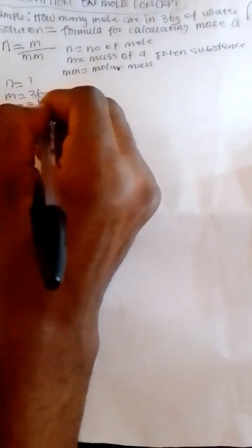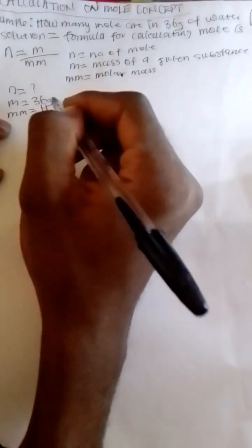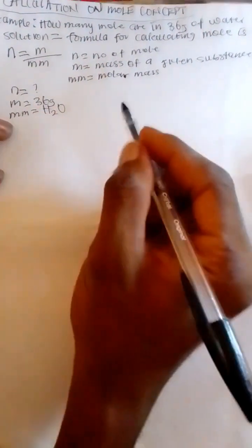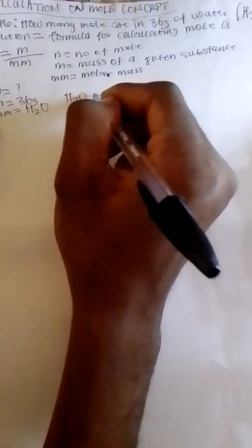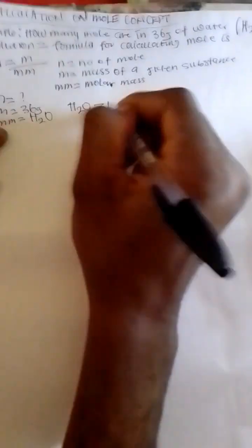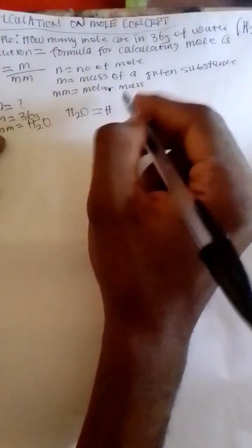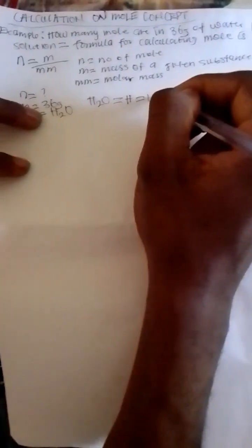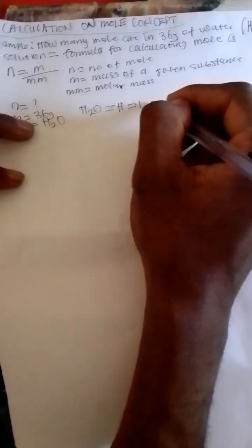So let's calculate the molar mass of water, H2O. To calculate the molar mass of water, we bring the water here. The atomic mass of hydrogen is 1, and the atomic mass of oxygen is 16. You can find that in the periodic table.